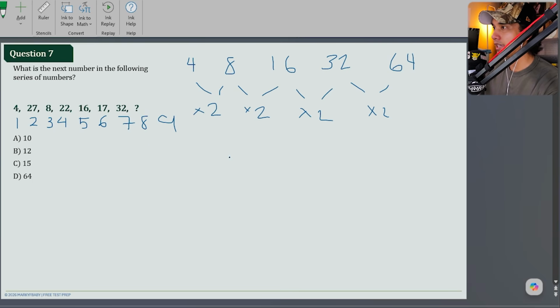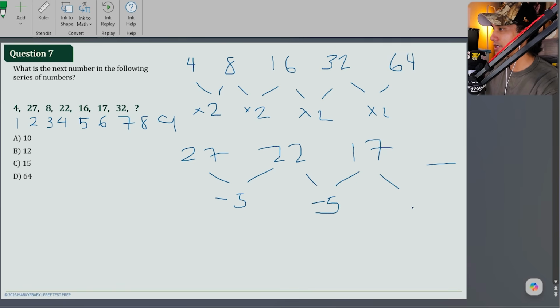The 8th number in the series, right? So let's go look at the even terms. And we get 27, 22, and 17. And we want 8, okay? Put a line for the number that we're going to get. Well, from here to here, 27 to 22, that's negative 5, right? 22 to 17, that's again negative 5.